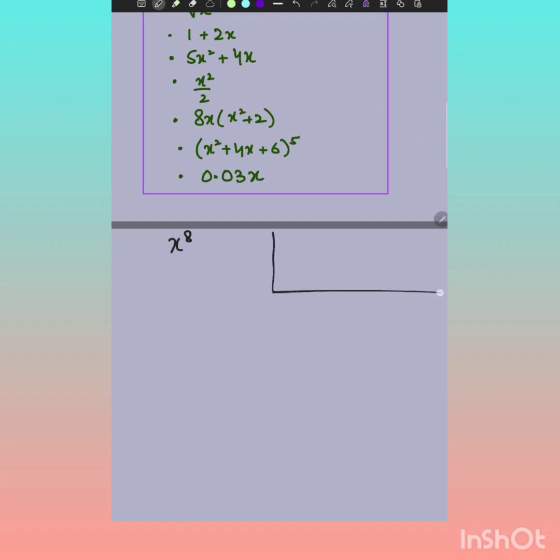I'm repeating, the concept is that the power becomes the coefficient, and the power becomes power minus 1. This is the power rule, as we have done in a previous video.